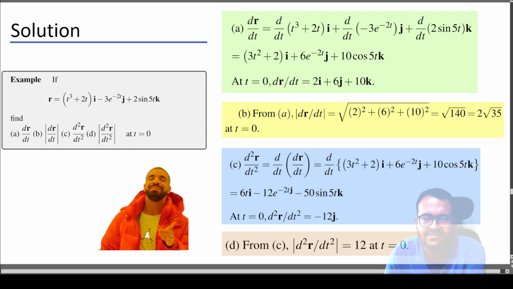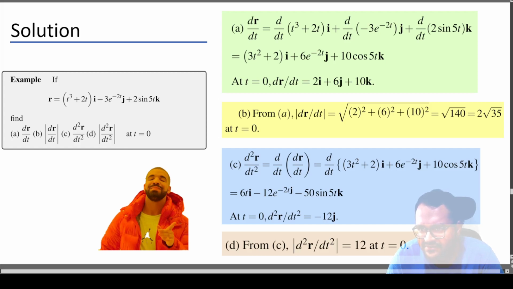d squared r/dt squared will be as simple as d/dt of another derivative of this, but keep in mind, when you are taking a derivative, don't take it after you substitute the value of t equals 0. You're understanding my words, right? You need to find acceleration at t equals 0. You should start from the definition of your position or velocity, which was given as a function of time. You don't start from here.